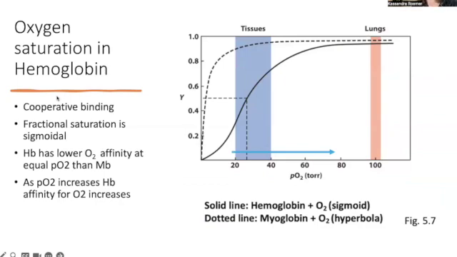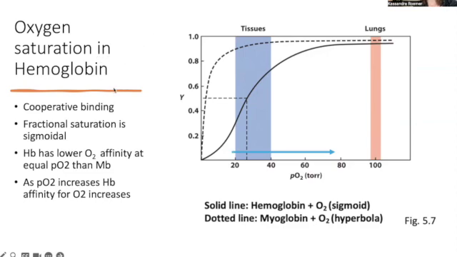Looking at the saturation curve of hemoglobin, also compared to myoglobin again. So this is the myoglobin curve and this is the hemoglobin curve. We see that hemoglobin follows a sigmoidal binding pattern, which is due to its cooperative binding. So at low oxygen pressure, it actually has a really low affinity compared to myoglobin to oxygen. And it isn't until the first oxygen is bound to hemoglobin that the affinity rises pretty rapidly.